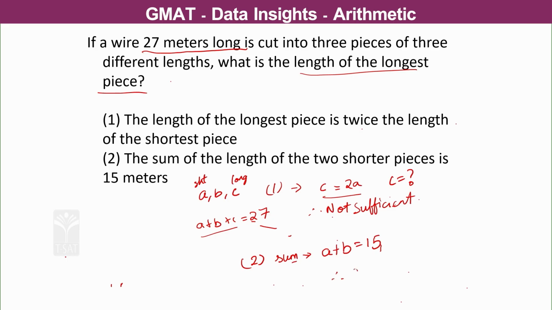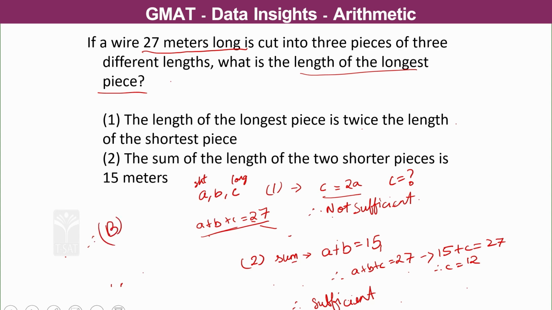Therefore, we know that A plus B plus C is equal to the total length, 27, and here you are given A plus B. So, you can say A plus B is 15, substitute that value there, 15 plus C is equal to 27, therefore, C is equal to 12. So, this is sufficient information for you to calculate the value of C. Therefore, answer is option B, where statement 1 alone is not sufficient, but statement 2 alone is sufficient to answer the question.